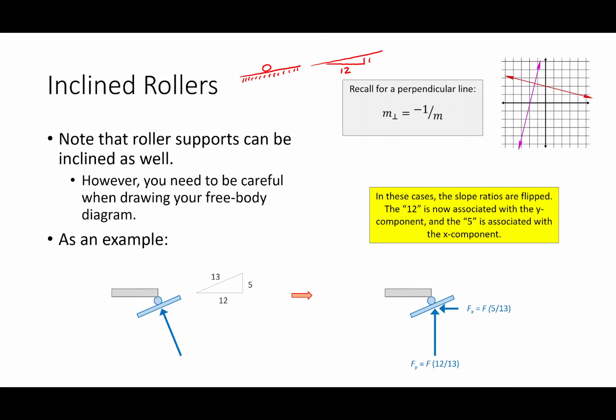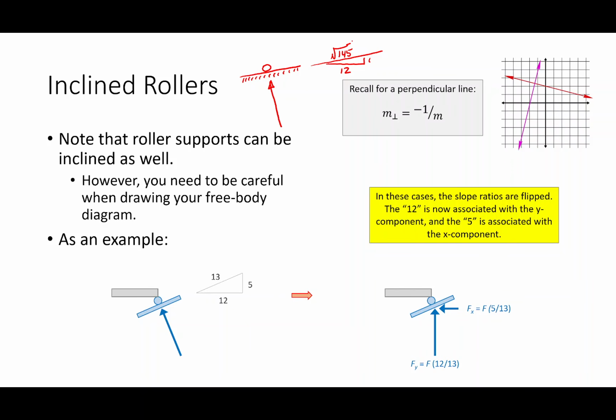All right, so now I want you to think about the reaction component. What would the reaction look like? The reaction would be perpendicular to that, and it would be like this. Now, let's do some math here. 12 squared plus 1 squared is 145, so this is square root of 145, right?